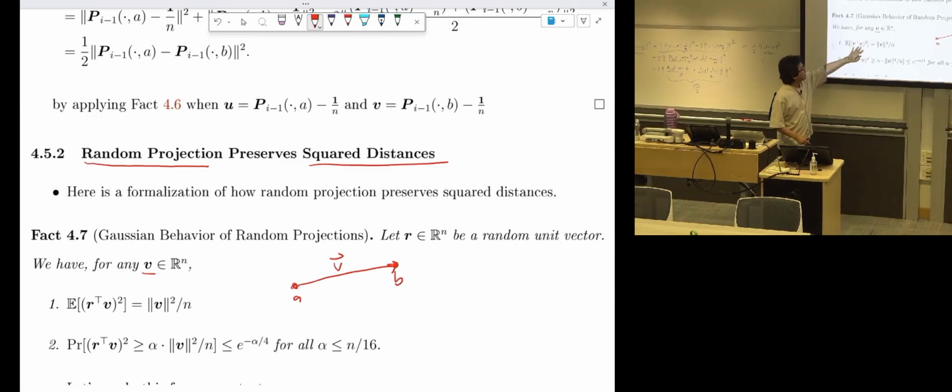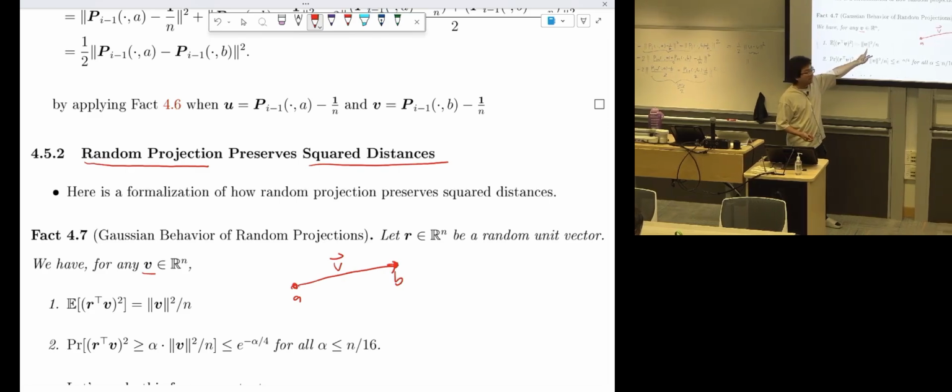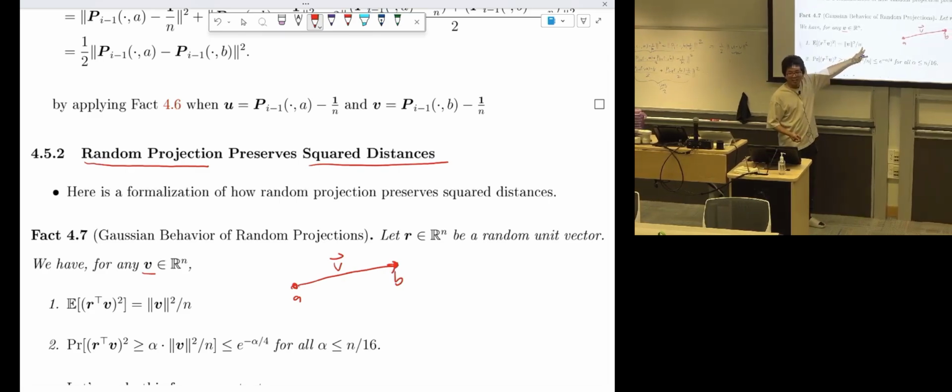When you project V to R, squared, this is the size of V squared after projecting to R. This is basically the same as the size of V squared, but with some scaling of n.